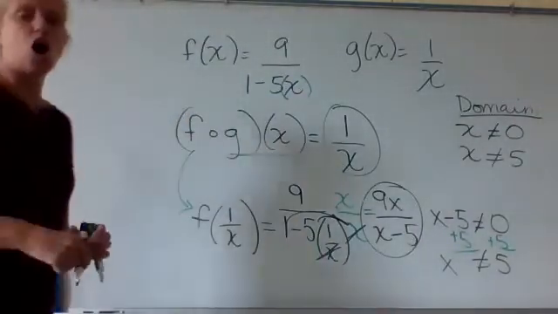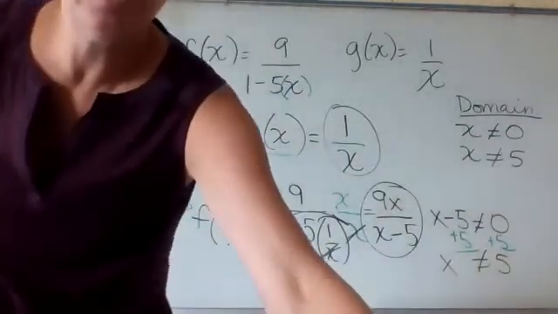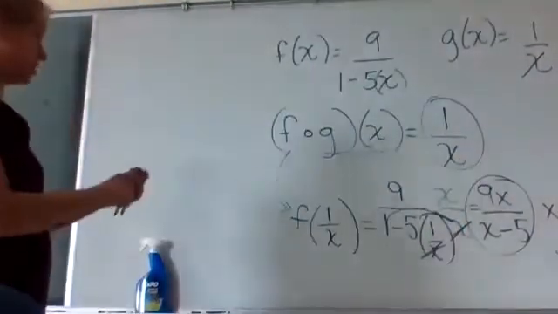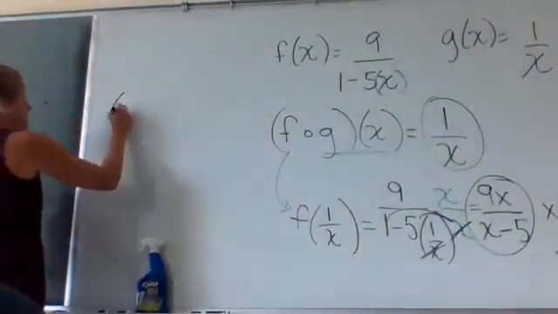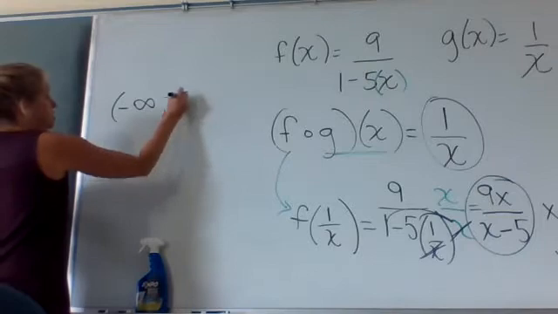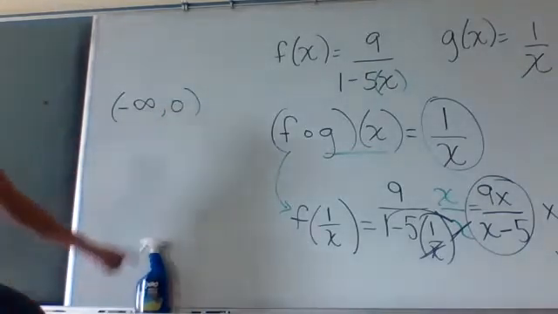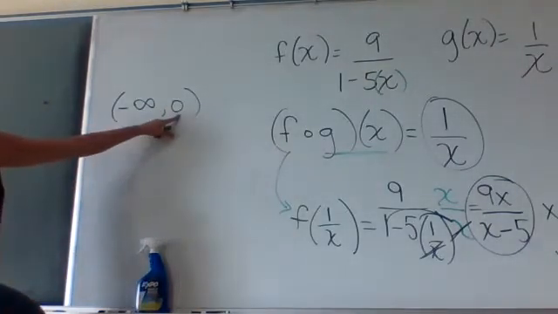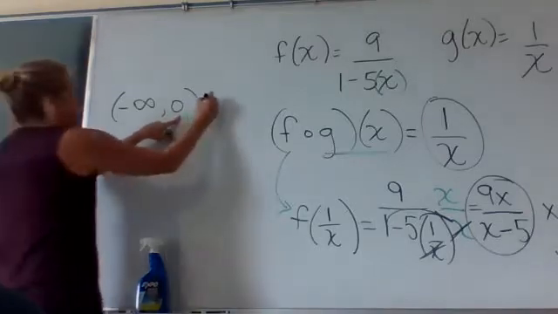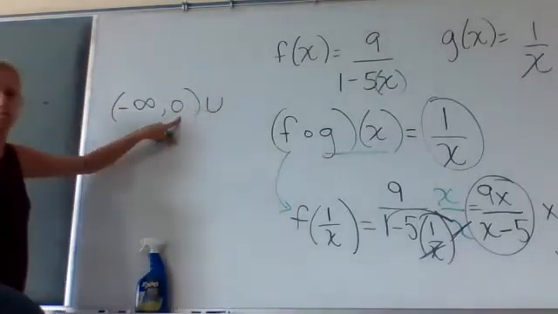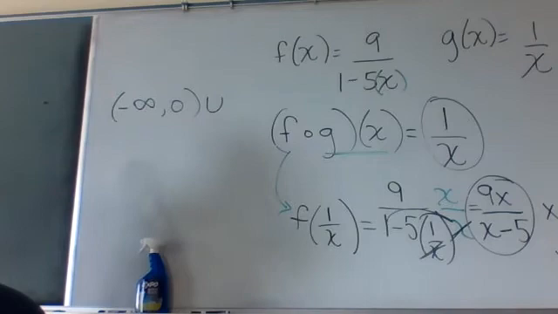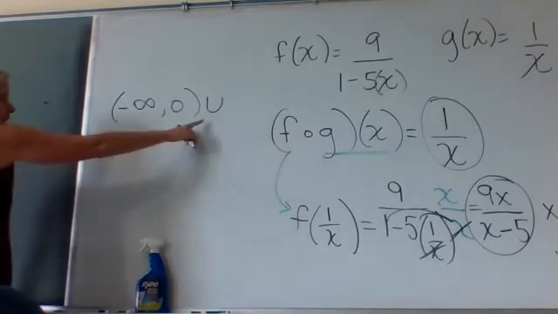How do you write all the numbers below 0? That's going to look like this. Negative infinity to 0. That includes all the numbers below 0. And it's going to have a little u. And this is a multiple choice part, so it'll have all this written out for you. That means and.